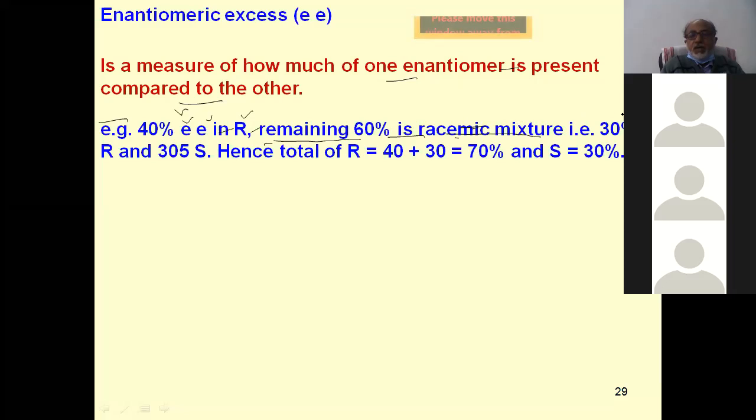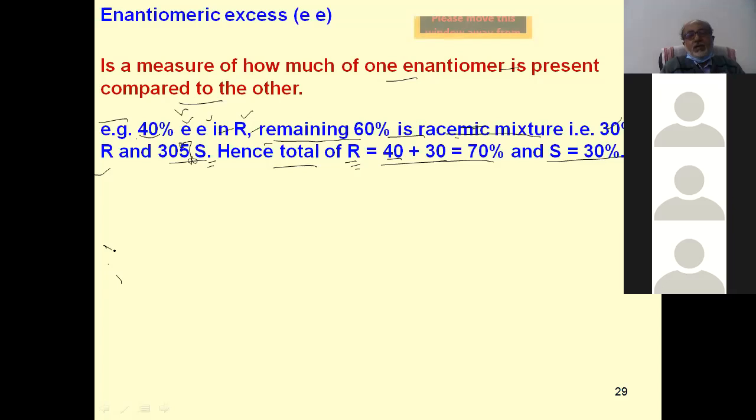So that means 30% is R isomer and 30% is S isomer. Hence, total of R is how much? 40, that excess one, plus 30 from the racemic mixture. So total R becomes 70% and total S becomes 30%.